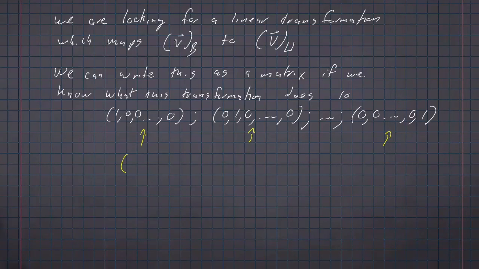Well, that's the representation under basis B of the vectors in that basis. So this is B1 represented under basis B. This is B2 represented under B, and this is going to be Bn represented under B.